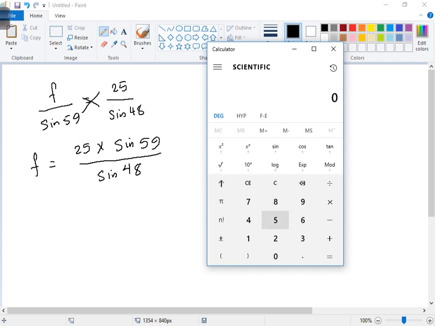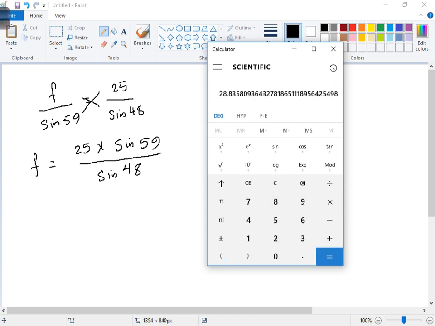We take sine 59, which gives us this number. We multiply it by 25, and divide it by an open bracket, 48, then sine 48, and close the bracket.